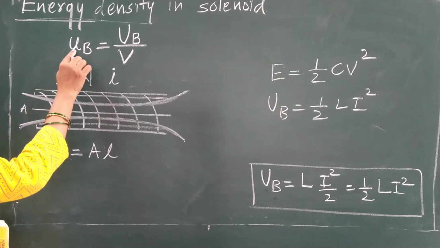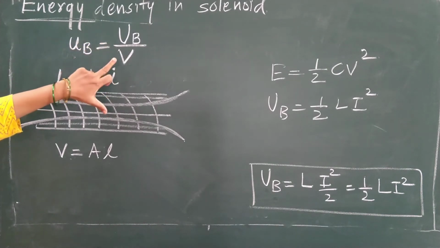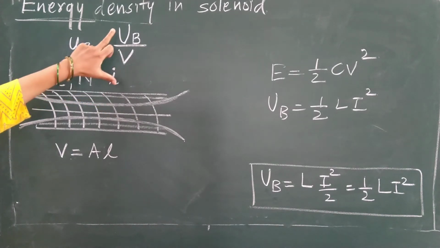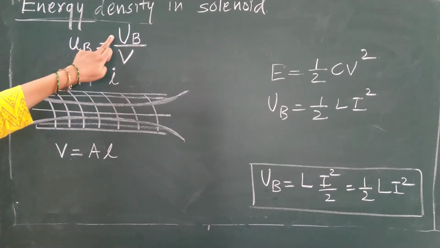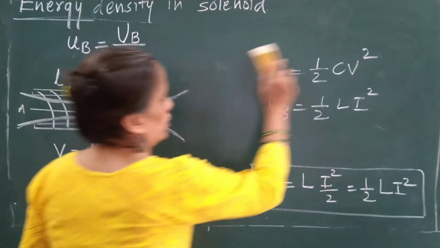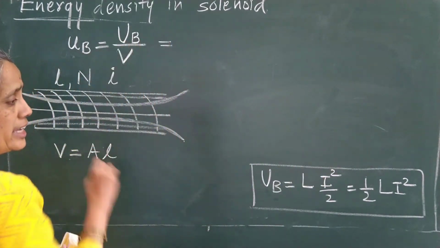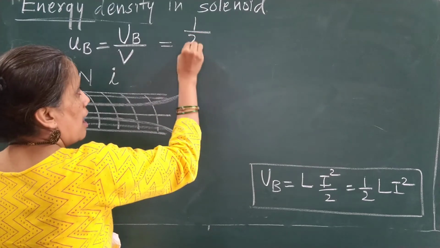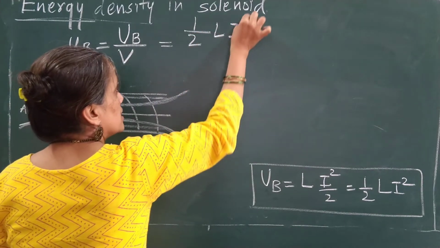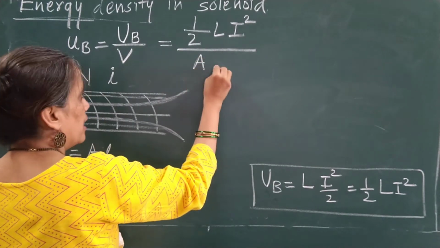Now what I want is energy density. Energy density is nothing but magnetic energy per unit volume. Already in this lecture we have seen magnetic energy. What is magnetic energy? This. So now I can put in the formula: magnetic energy is half L I square, divided by A l.